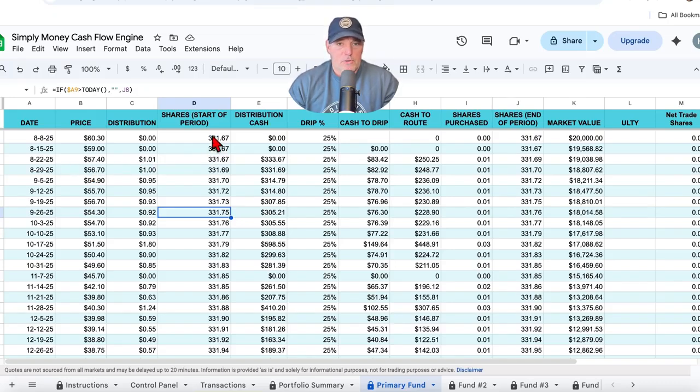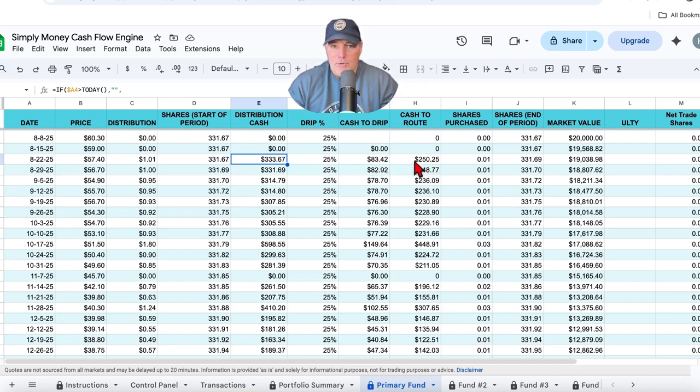Column D is showing you your start shares at this period, how many shares you have. So you can see it's accumulating as we're adding in these distributions and buying more shares. We have over here the distribution cash. So you get your distribution multiplied by however many shares you have. That's your distribution cash. And remember, we're only dripping 25% of Alti back in. So that means I have $83.42 to drip.